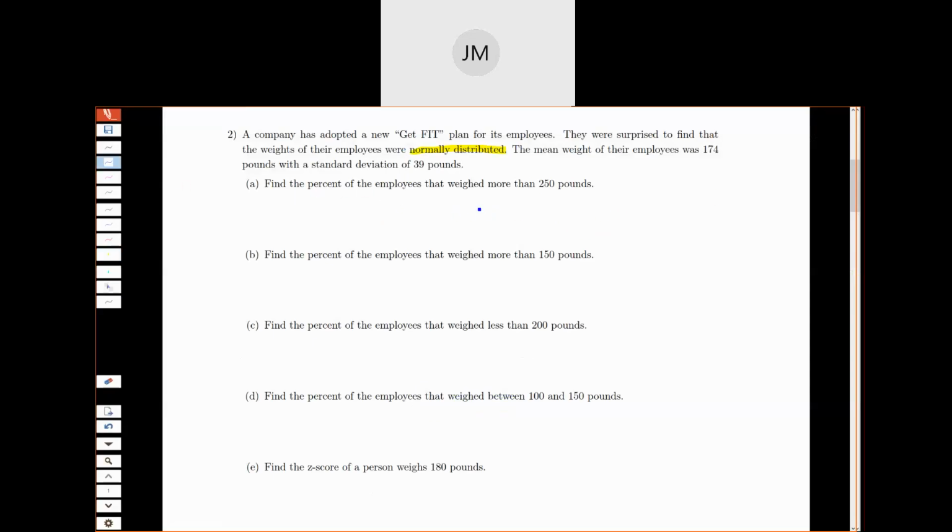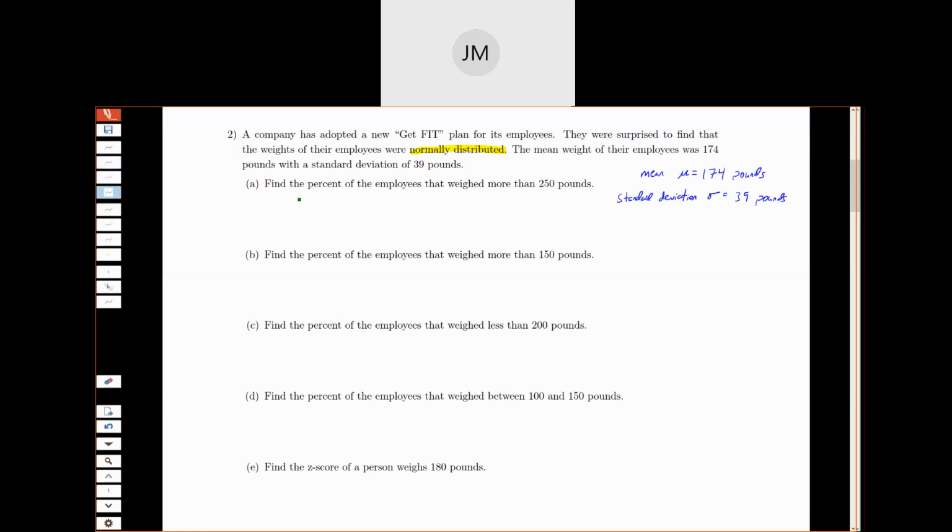All right, so find the percent of the employees that weighed more than 250 pounds. What I'm going to do is look at a normal distribution where the mean, mu, because it's the population mean, is 174 pounds, and the standard deviation, sigma, because it's our population standard deviation, is 39 pounds.